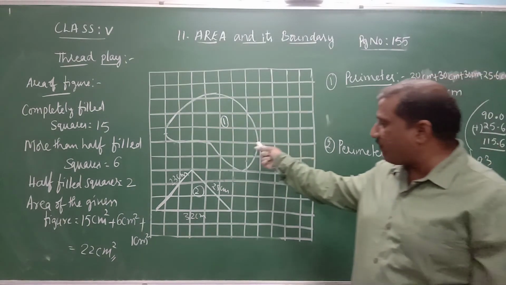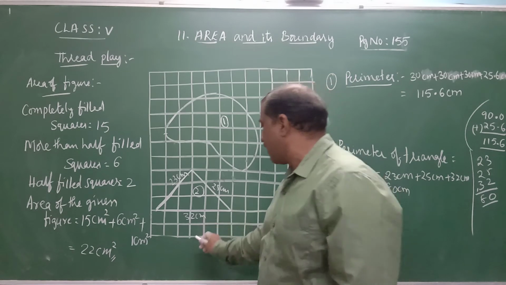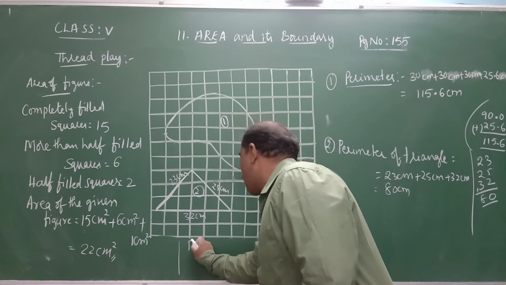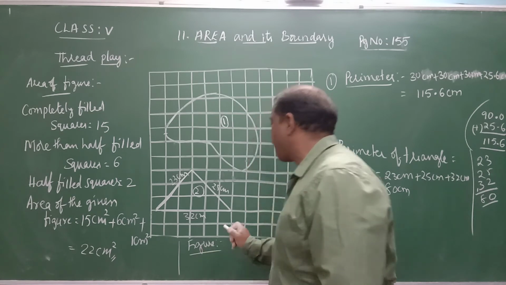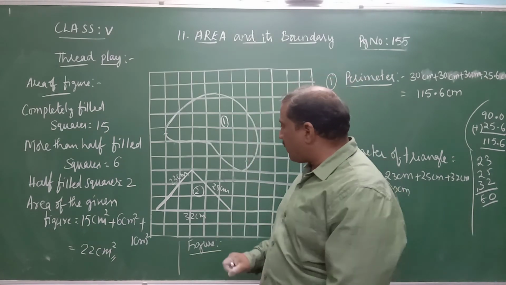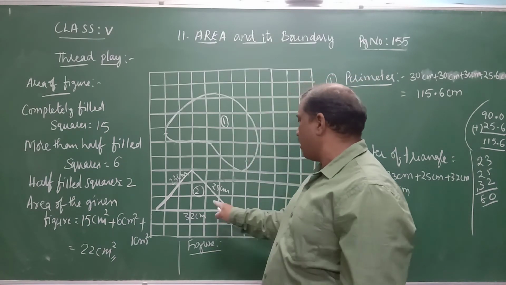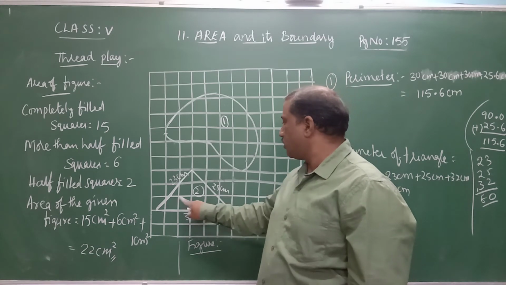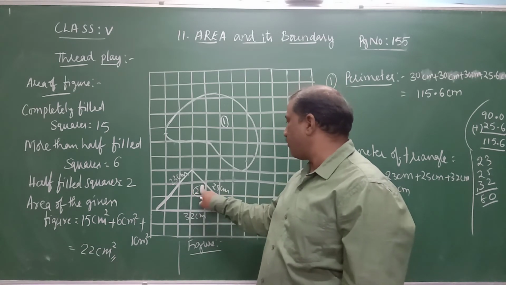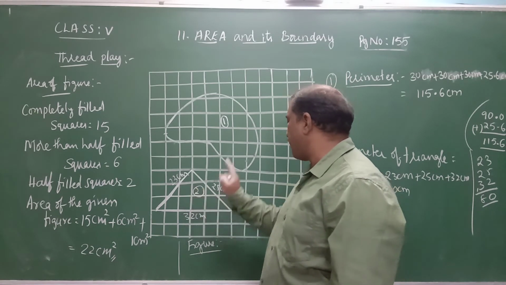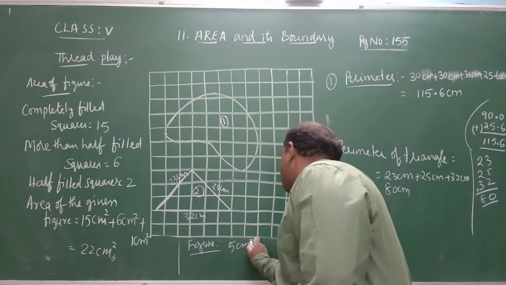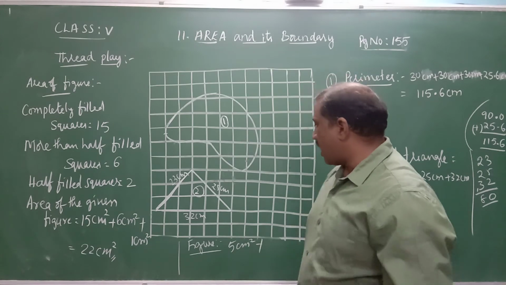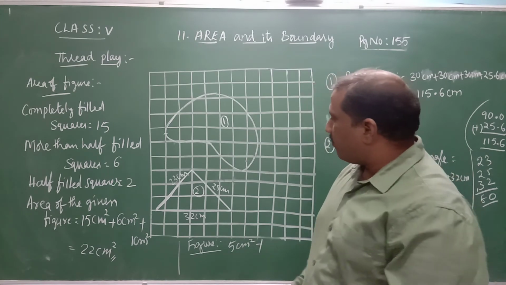Now how do we find the area of this figure? This is figure 2, the second figure. Roughly I am explaining. So here observe how many squares are there completely filled. 1, 2, square, plus, observe how many squares are there more than half filled.